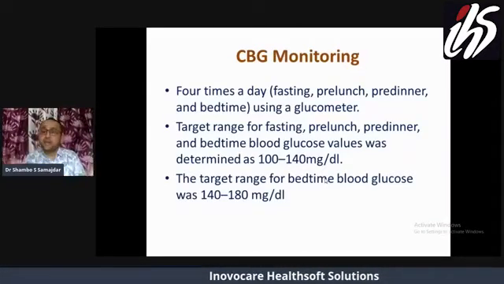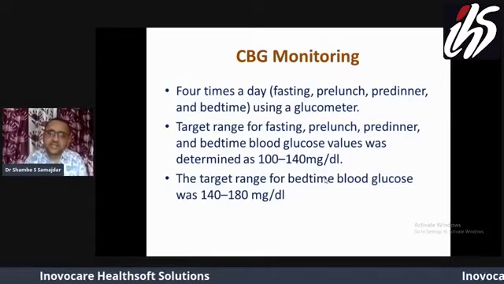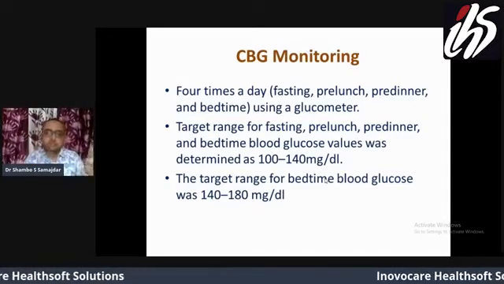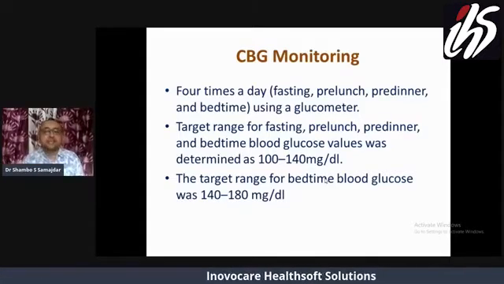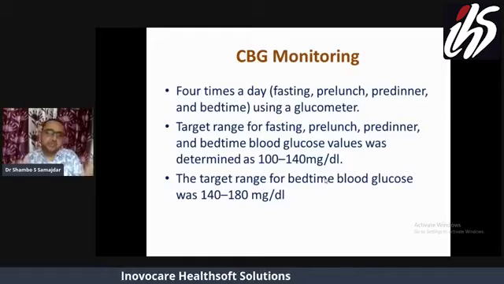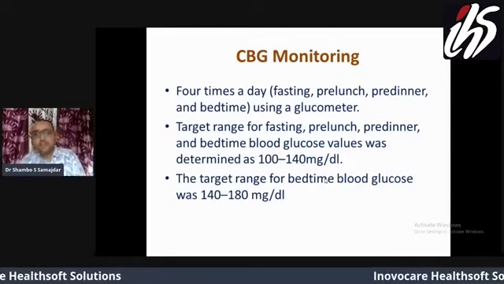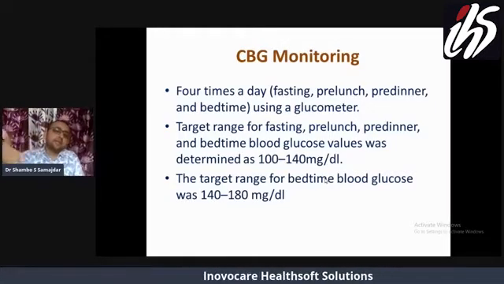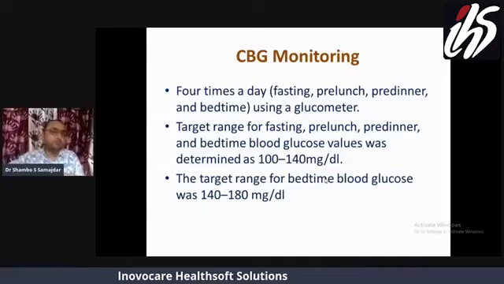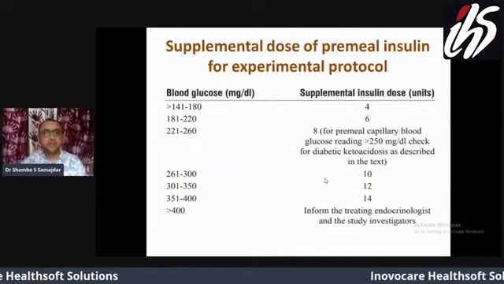Now CBG monitoring, in this particular trial, they did 4 times a day: fasting, pre-lunch, pre-dinner and bedtime, using a glucometer. And the target that I already mentioned, the pre-meal, was between 100 to 140. For the post-meal, they specifically targeted the bedtime blood glucose, that means 2 hour post dinner blood glucose, which should be between 140 to 180.